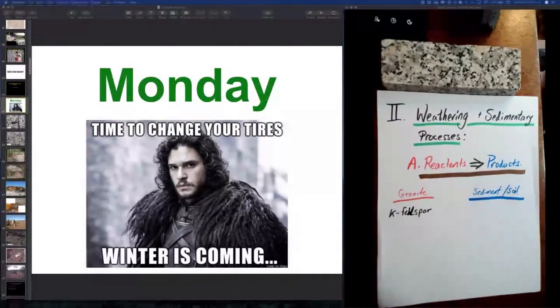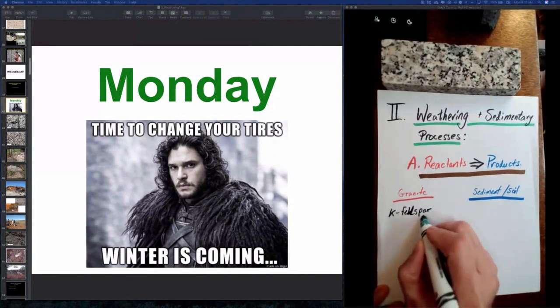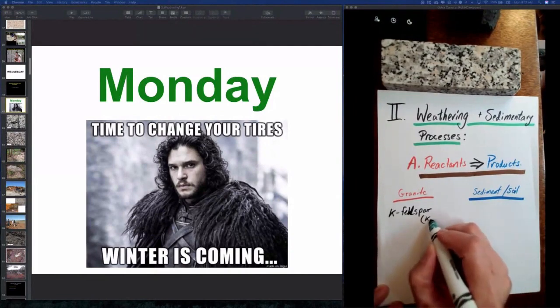And so the ancient word for potassium was kalium with a K. And like sodium, the chemical symbol for sodium is Na, and it's not So or something like that, because sodium was known by the ancient Greeks, and the ancient Greek word for sodium was natrium, so Na for sodium.